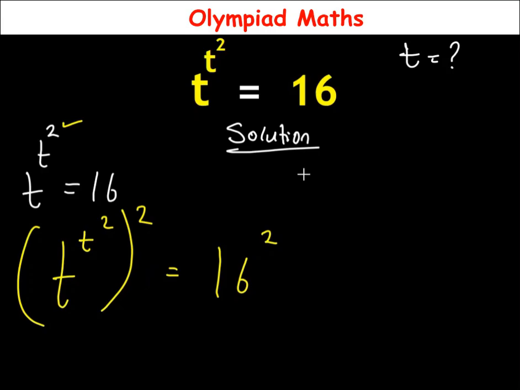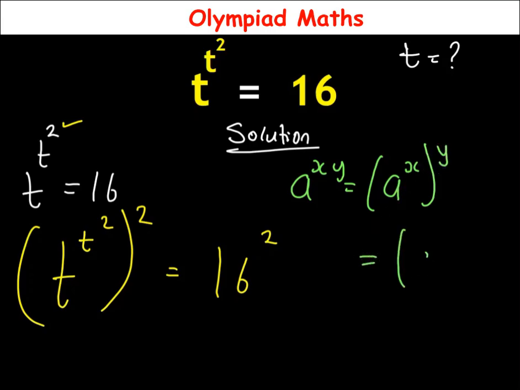And the rule is this: if you have a raised to power x times y, this is equal to a raised to power x, all raised to power y. And this can also be written as, in brackets, a raised to power y, all raised to power x. So in this case, let's assume that t raised to power 2 right here is x, and then power 2 right here is y.